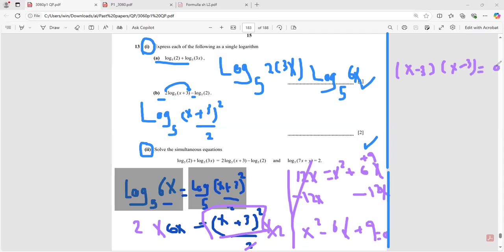So now x has only one solution, which is x equal to 3.